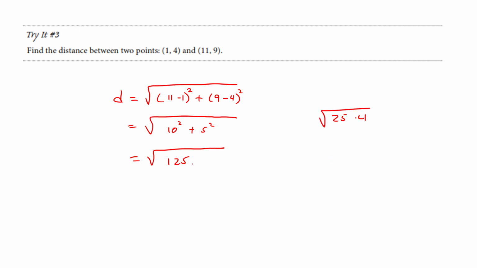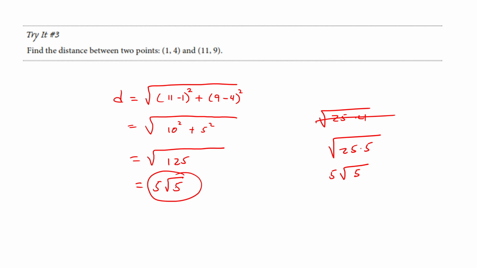There are several ways to do this. The number 125 could be made up of 25 times 5. I picked 25 because it's a perfect square. And so I can square root 25, and that is 5. I could bring that out front, and I'd have a 5 left over on the inside. So it's the same thing as the square root of 125, but here's a simplified version. So there's our distance.